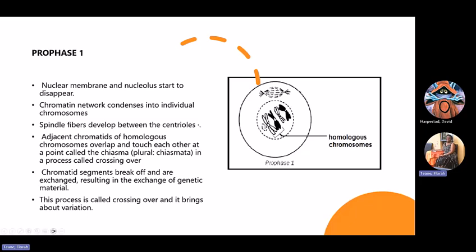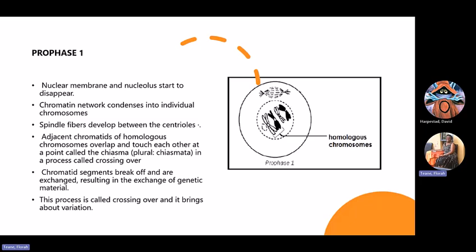Why this pair? It is because one chromosome is the maternal one and the other the paternal one. Each and every human being has both maternal and paternal chromosomes. And when we talk about genetics, you will understand why.